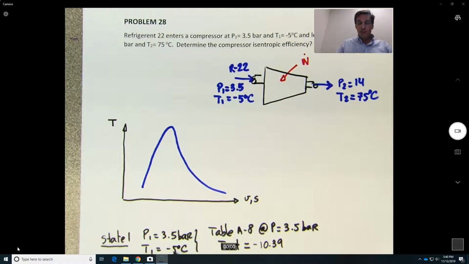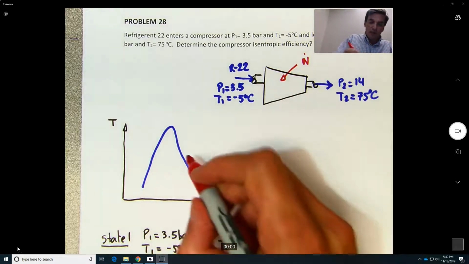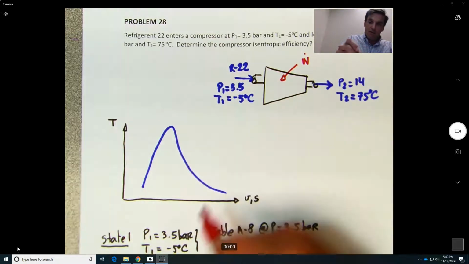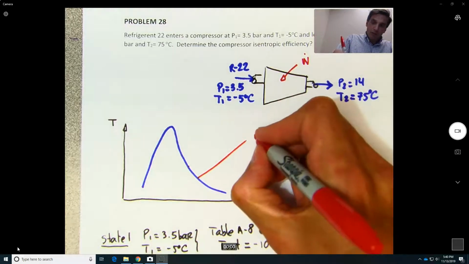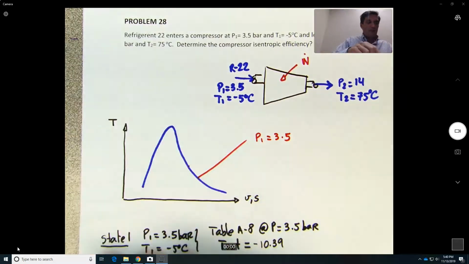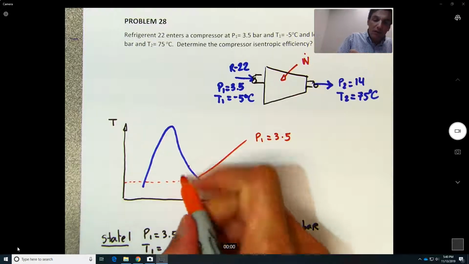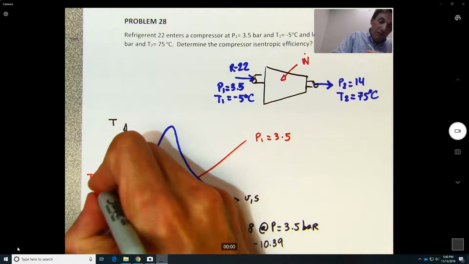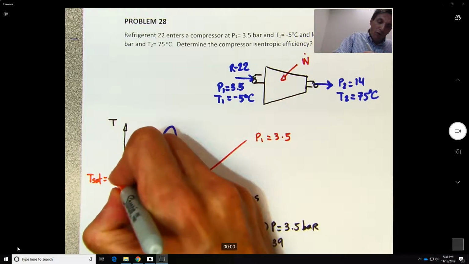So what does that mean? That this one is hotter than this one. Okay? So we're going through a line of constant pressure. Let's say this way. So let's say it will be P1 equals 3.5. The temperature over here, the saturation temperature, is -10.39.